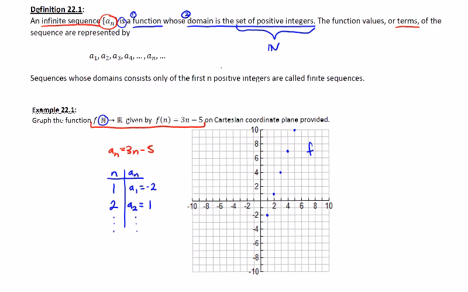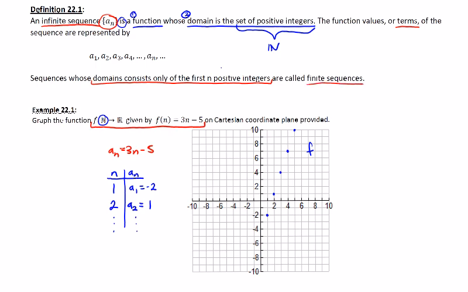Now, sequences don't have to be infinite. They can be finite as well. So it mentions here that sequences whose domain consists only of the first n positive integers are called finite sequences.